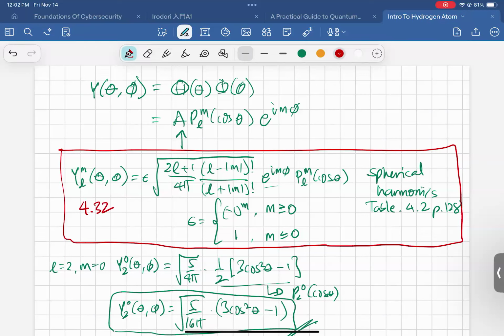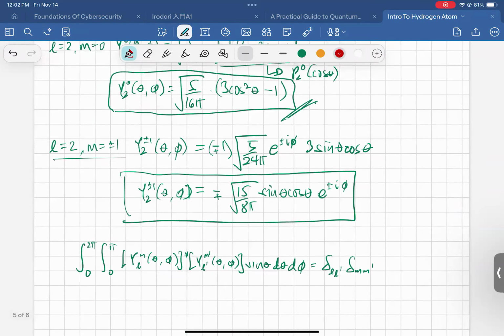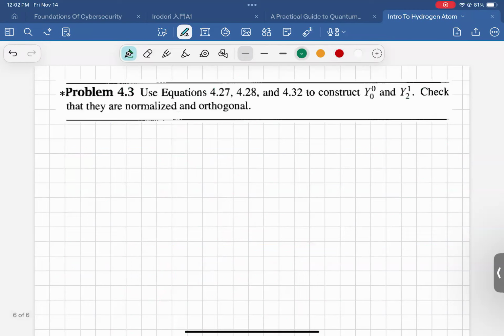So check that they are normalized and orthogonal. Okay, so Y00 of theta and phi. Ibig sabihin nito, L equals 0, M equals 0.